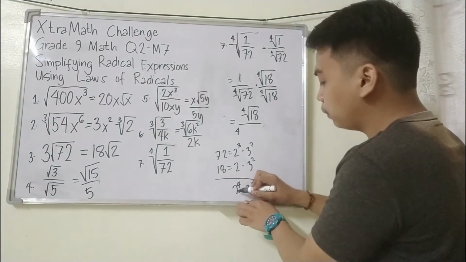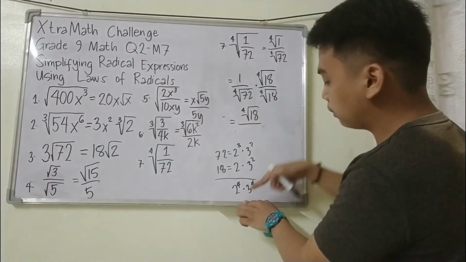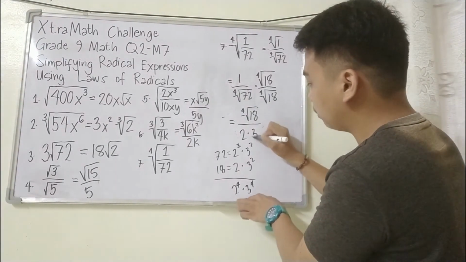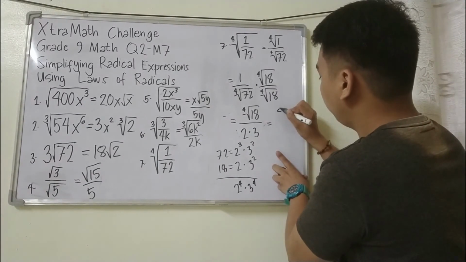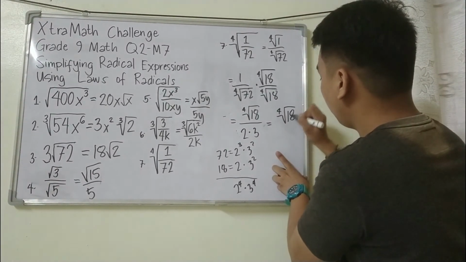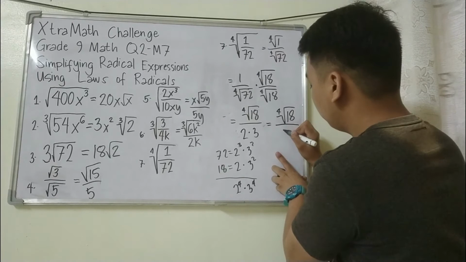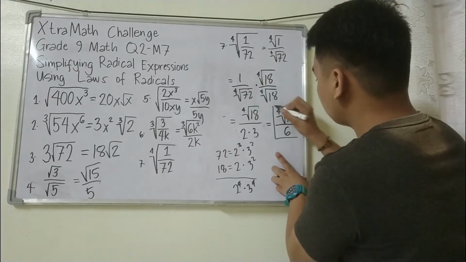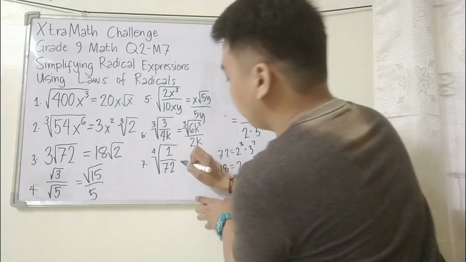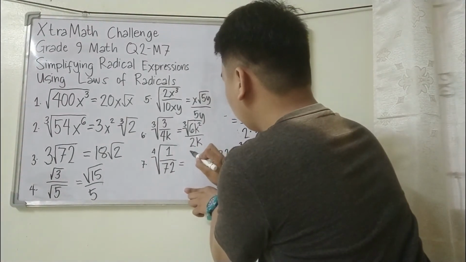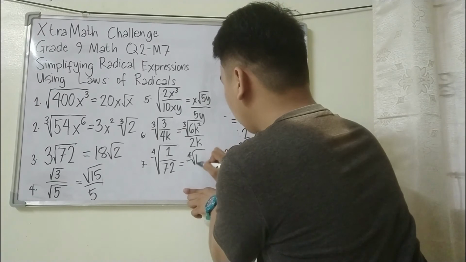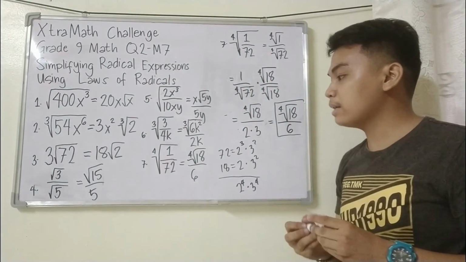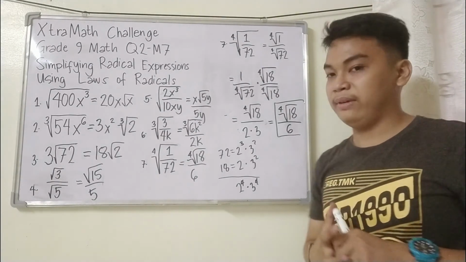And the fourth root of 2 raised to 4 is equal to 2, and the fourth root of 3 raised to 4 is equal to 3. So we have here fourth root of 18 all over 2 times 3, which is 6. That means that the simplified form for item number 7 is equal to fourth root of 18 over 6. And that is the answer for item number 7.